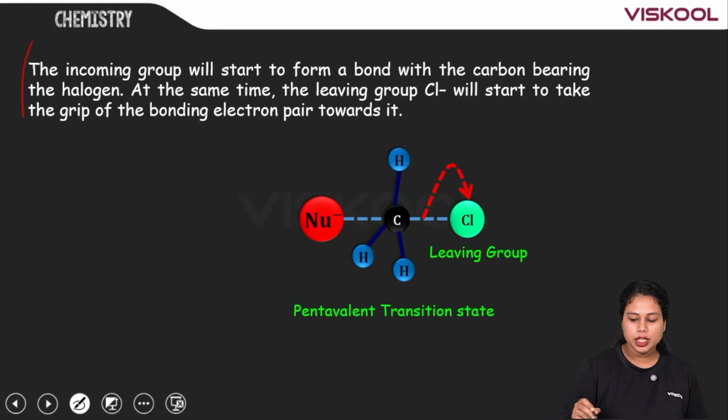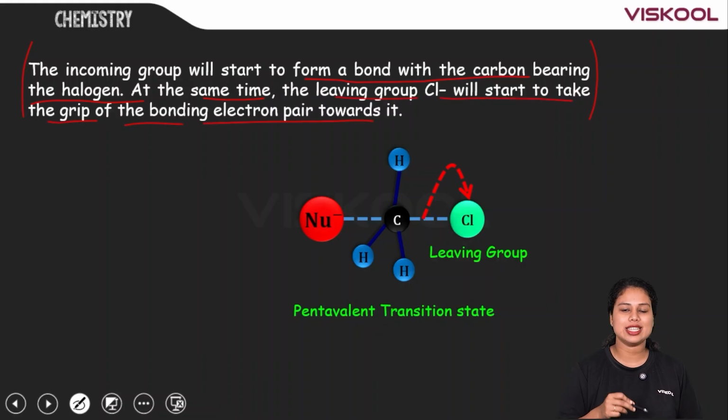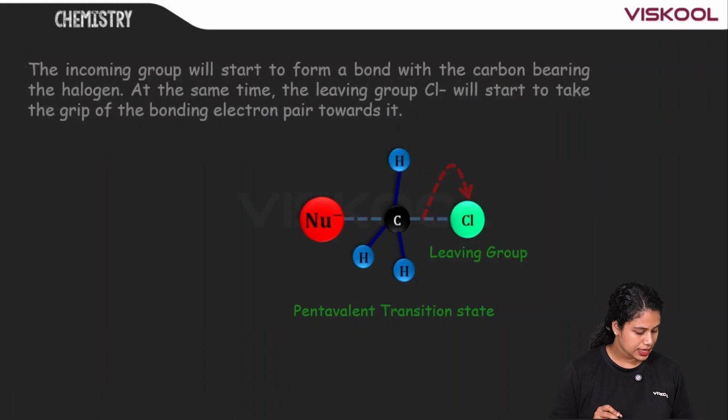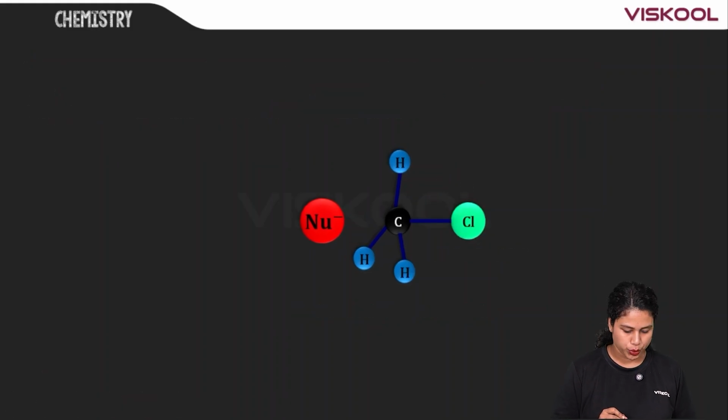The incoming group, the nucleophile, will start to form a bond with the carbon bearing the halogen. At the same time, the leaving group Cl minus will start to pull the bonding electron pair towards it.